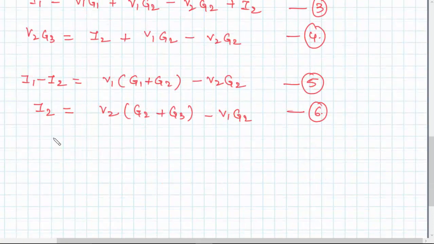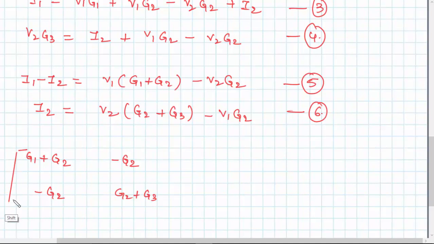I can write these two equations in the form of matrices. Let me show you how. So I can write it as G1 plus G2 and minus G2, and in the second row I can write it as minus G2, and here G2 plus G3.